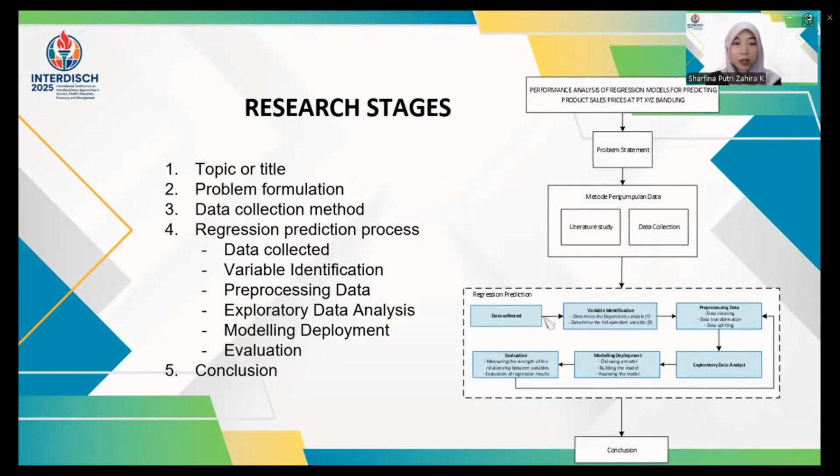And next, the process continued with variable identification, data preprocessing, and exploratory data analysis. Several regression models were then constructed, tested, and evaluated to find the most optimal model. Finally, conclusions were drawn based on the results obtained.